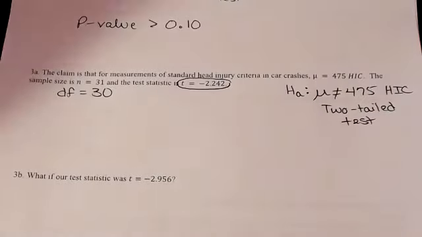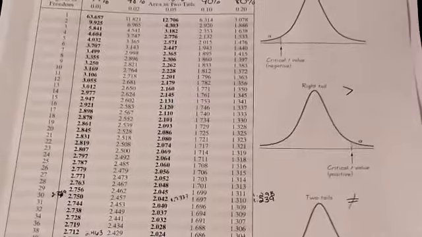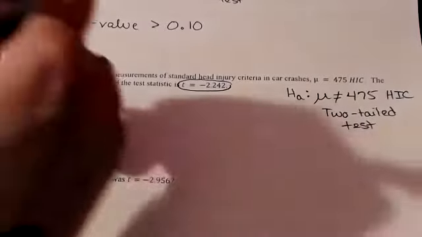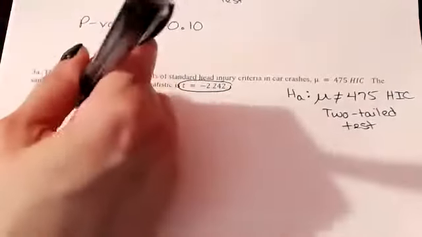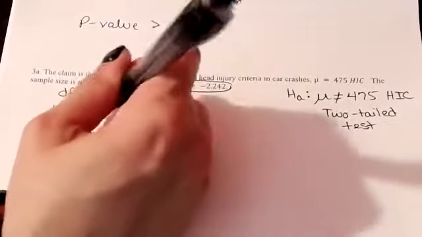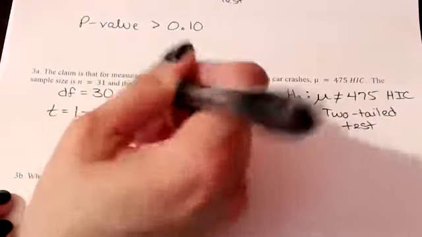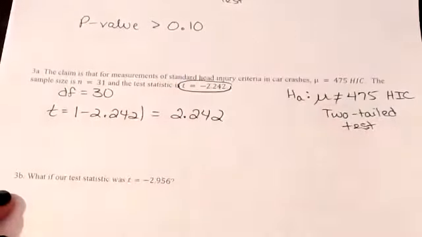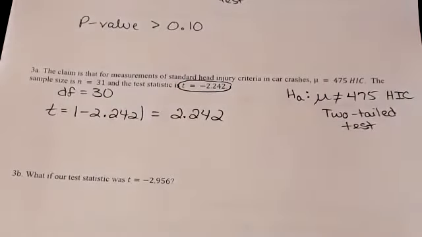But when you look at your table, do you see that all of your test statistics are positive? No big deal. We are going to note that if our test statistic is a negative 2.242, we're going to look up in the chart the absolute value of that, which is a positive 2.242.